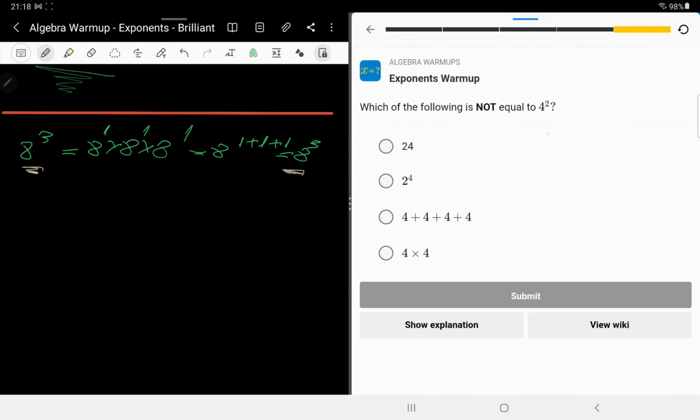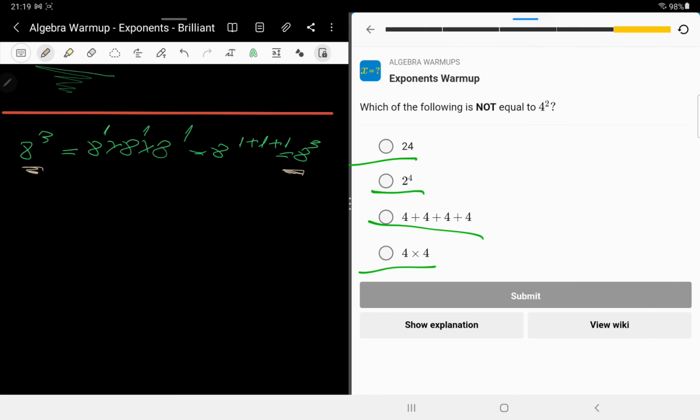Which of the following is not equal to 4 to the power of 2? Okay, let's take them one by one. Let me undo that.